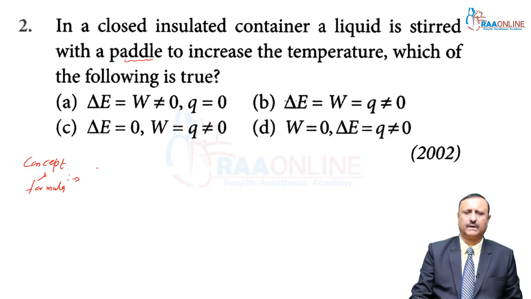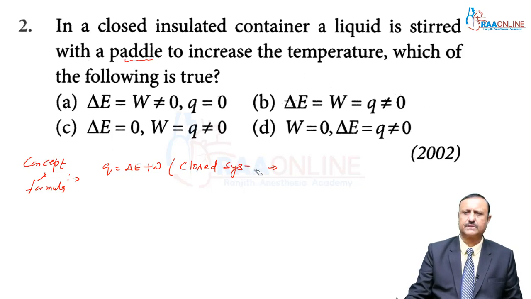My dear students, the formula is the first law of thermodynamics: delta E equals Q plus W, and so Q equals delta E plus W, because here the system is closed. Here the system is closed and insulated.